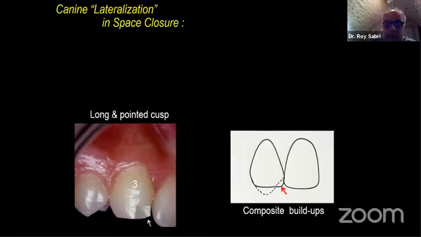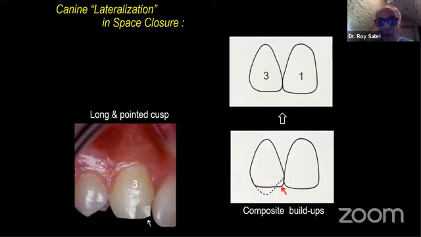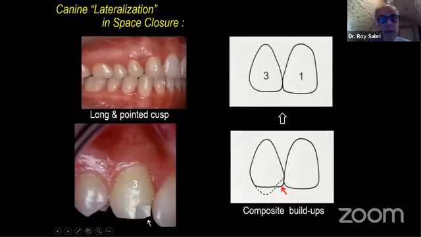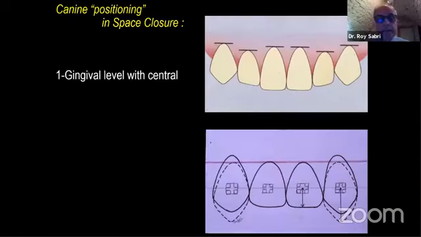I tell them, please add your composite only on the mesial, because if you add the composite on the mesial and on the distal, your canine, like you can see here, look at the difference between the two. It's the same size, but here the canine looks very bulky. So you add only on the mesial, and it's gonna look something like this.